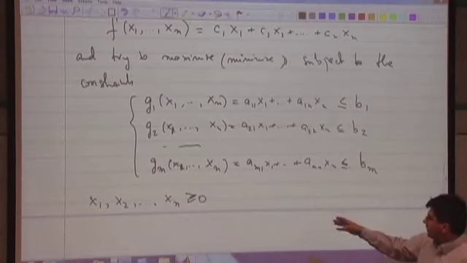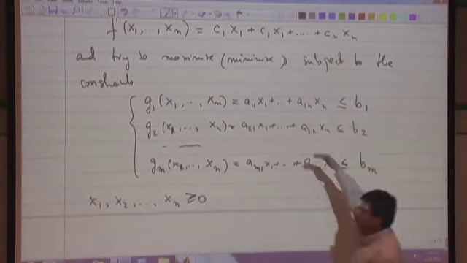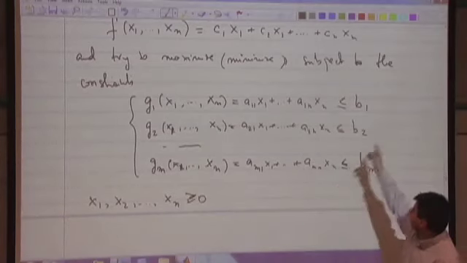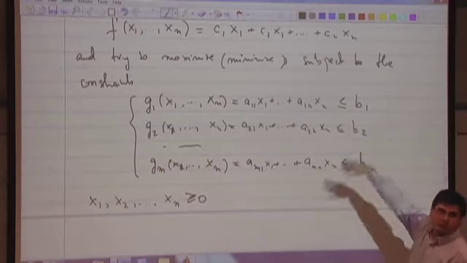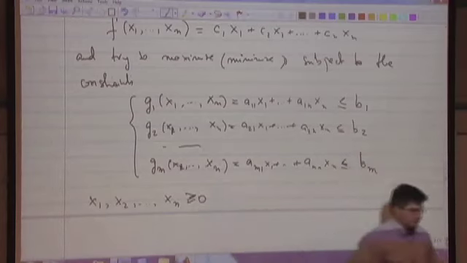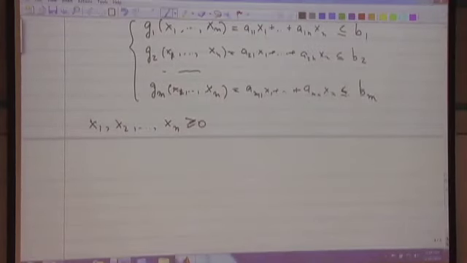Now, you can always make x1 being positive a constraint of that type, right? You could say minus x1 has to be less than or equal to 0, and that would be another g. Okay? But again, let's leave this separate, and you'll see the code is going to use them in separate ways.